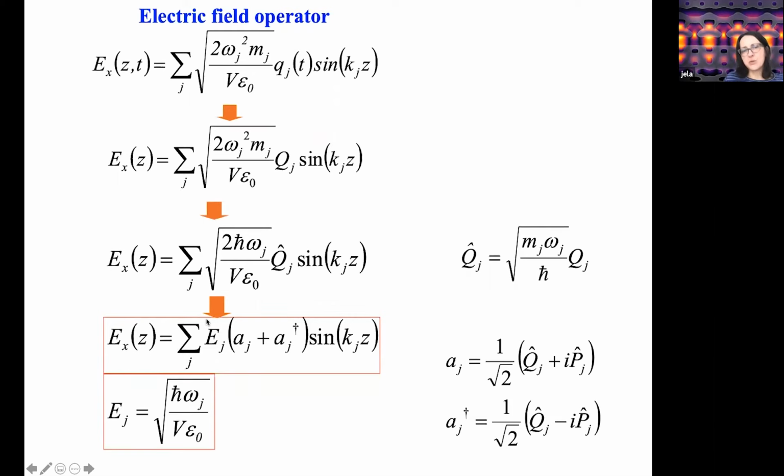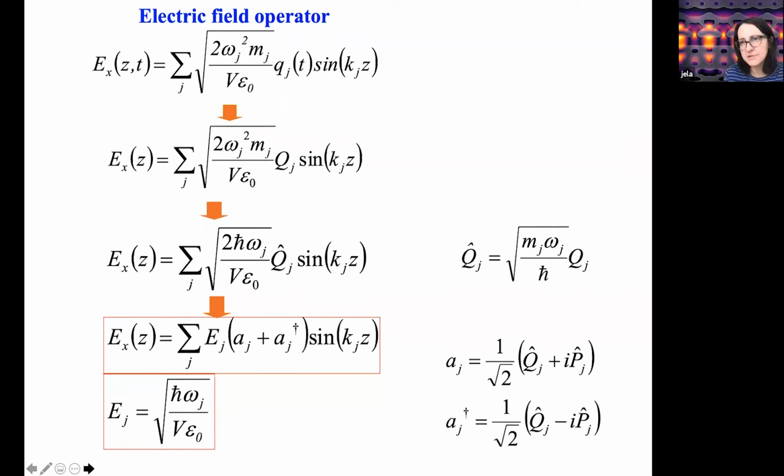And since this operator plays a role in light matter interaction, then the whole interaction between electromagnetic field and your atom or artificial atom will be stronger. Of course, when you don't have the free space resonator, then you will have something different here, the optical mode volume that we introduced earlier. We'll see that later, but the bottom line is the same, right? So always this prefactor in electric field operator would be obtained by uniformly distributing one photon of energy throughout the whole volume of the resonator or electromagnetic field in a resonator.